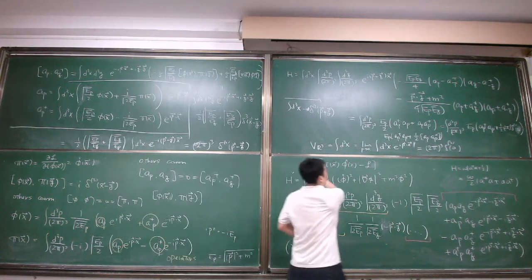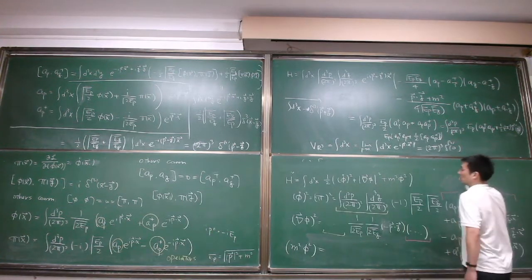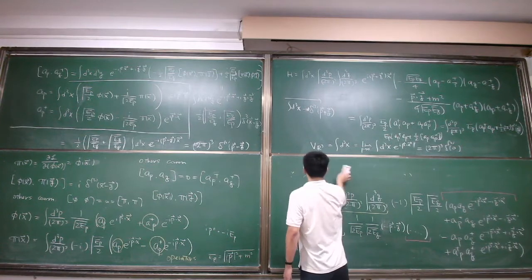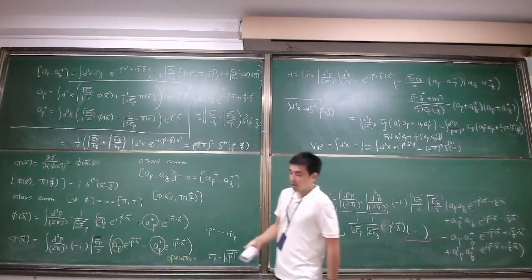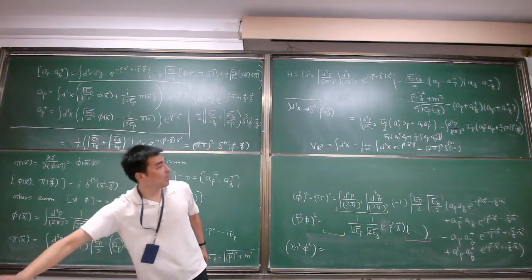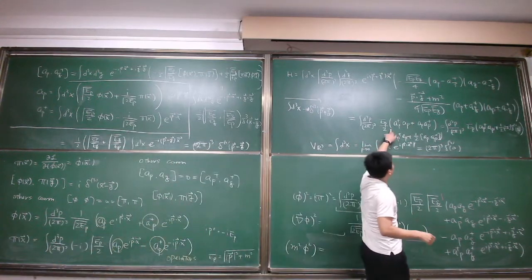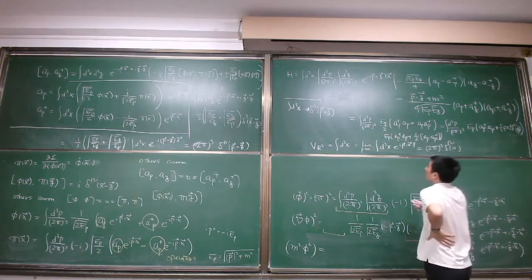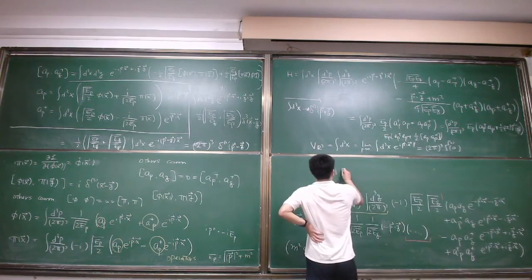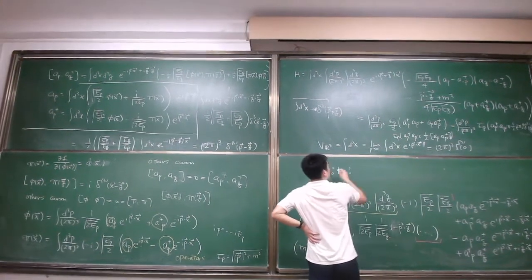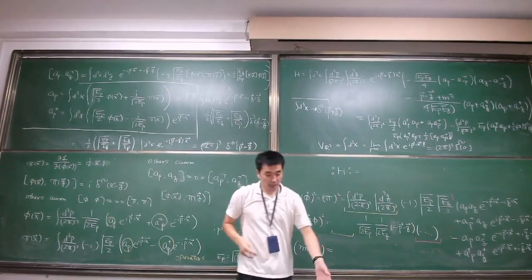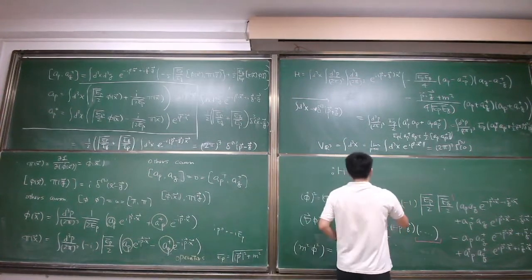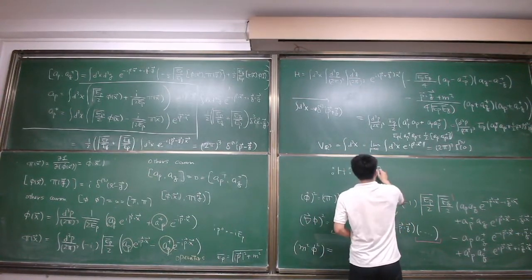I'm going to erase here. Coming from this term and dropping this term, what you end up with is H. Usually just dropping this infinite term is called normal ordering, and you write it with 2 pi cube.